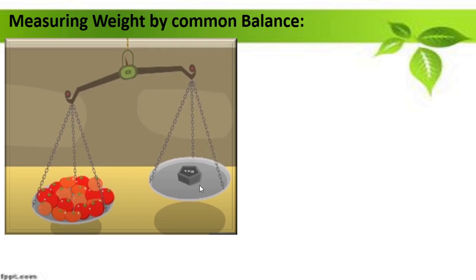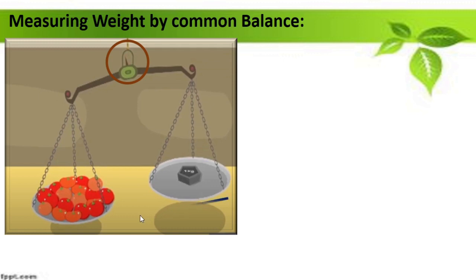Yes. Here this pointer helps us to measure things properly. See, this pointer is bending towards this pan, the pan which has tomatoes. So we can say that tomatoes are heavier than this weight.